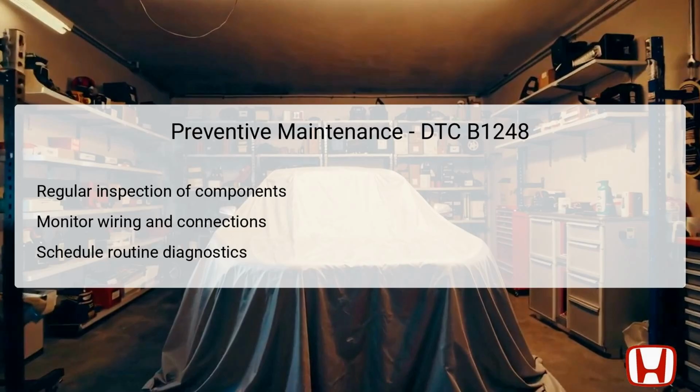Scheduling routine diagnostic checks using the HDS helps in identifying potential faults early, allowing prompt corrective actions. Keeping the climate control system in good condition not only enhances passenger comfort, but also promotes overall vehicle efficiency. By adhering to a preventative maintenance schedule, vehicle owners can reduce the likelihood of encountering DTC B1248 in the future.